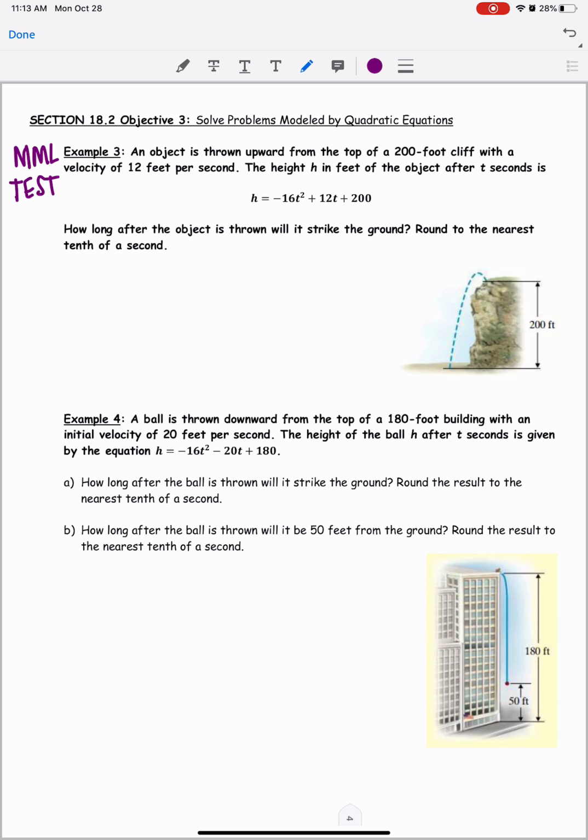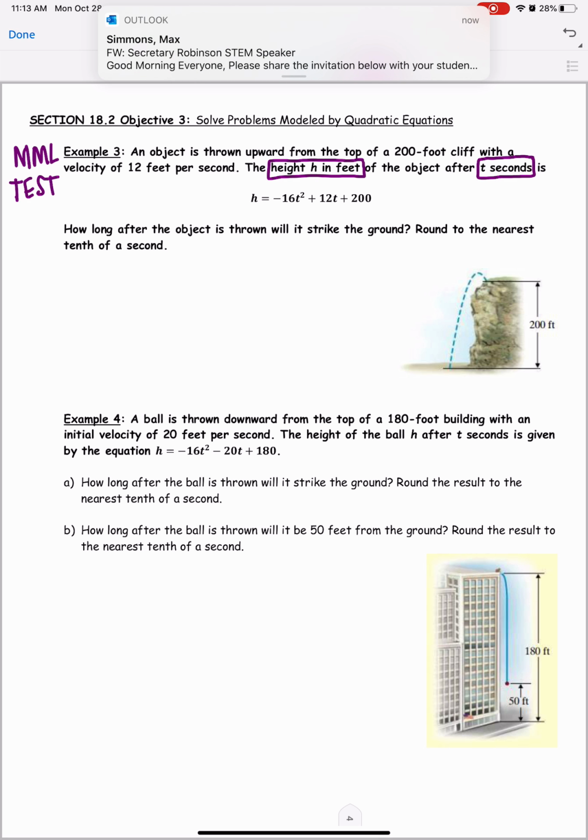The height h in feet, that's some good information there, of the object is thrown t seconds is this right here. So the 200-foot cliff and the 12 feet per second, that's just showing you where those numbers are coming from, okay? But it's not super important.